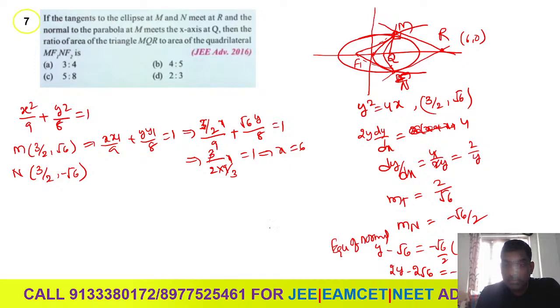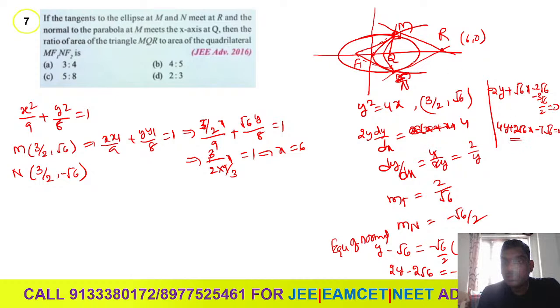Then finally it is 2y plus root 6 x minus 2 root 6 minus 3 root 6 by 2 equal to 0. So 4y plus 2 root 6 x minus 4 root 6 minus 3 root 6, minus 7 root 6 equal to 0. So this is the equation of the normal.